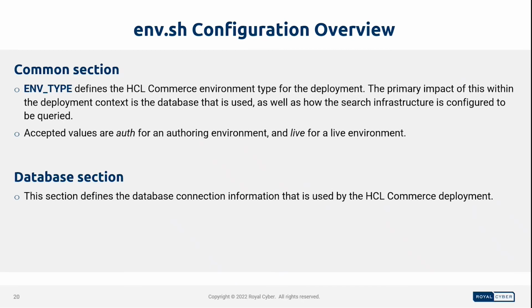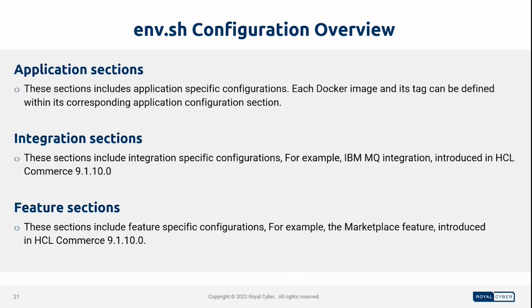And second, we have the database section. This section defines the database connection information that is used by the HCL Commerce deployment. Then we have some other sections, like the application section. This section includes application specific configuration. Each Docker image and its tag can be defined within its corresponding application configuration section.